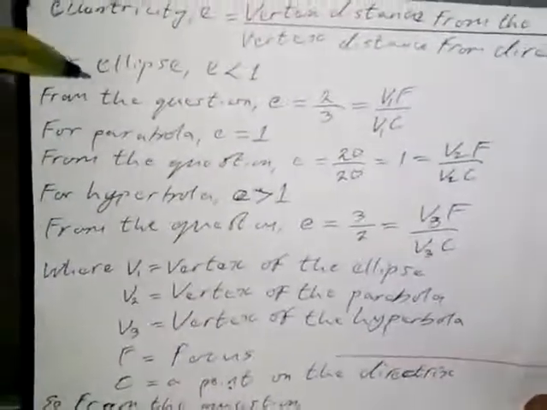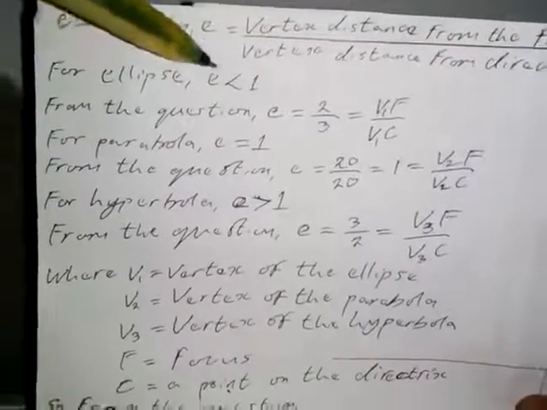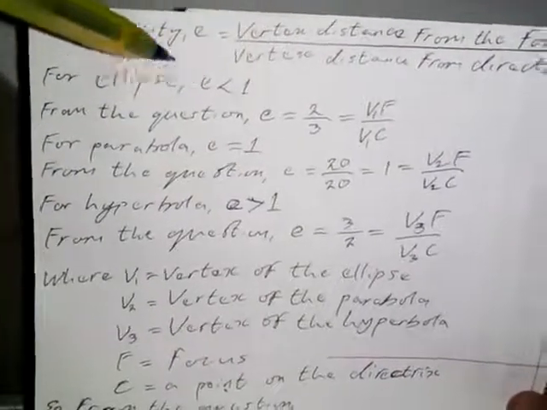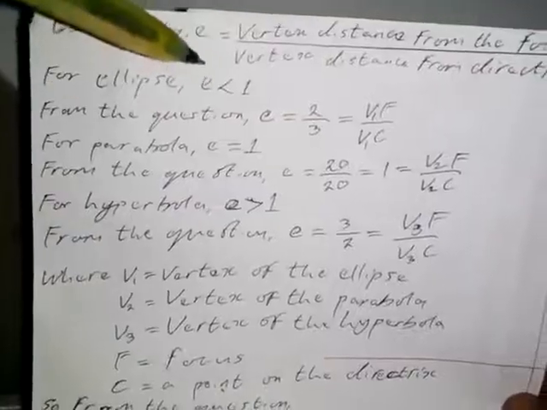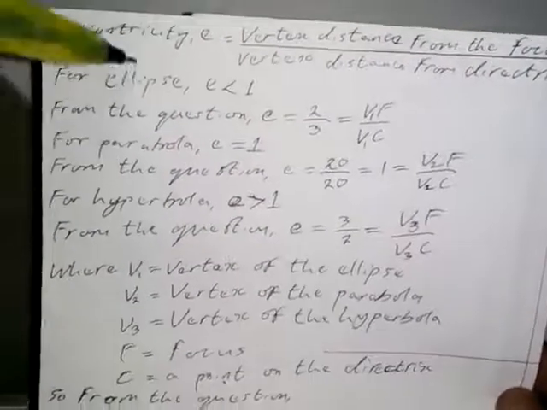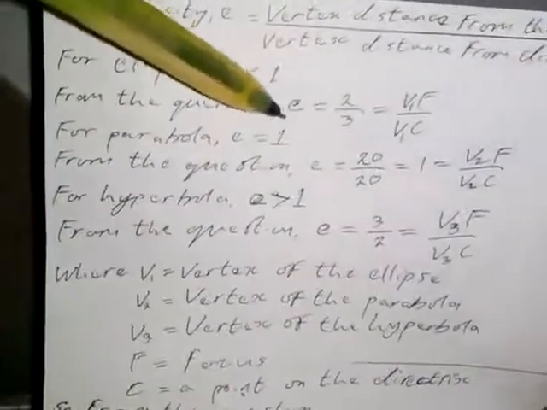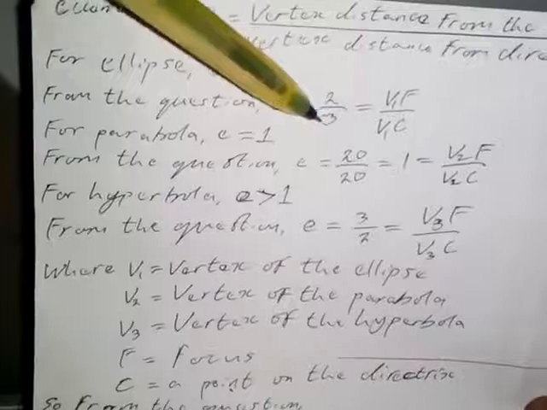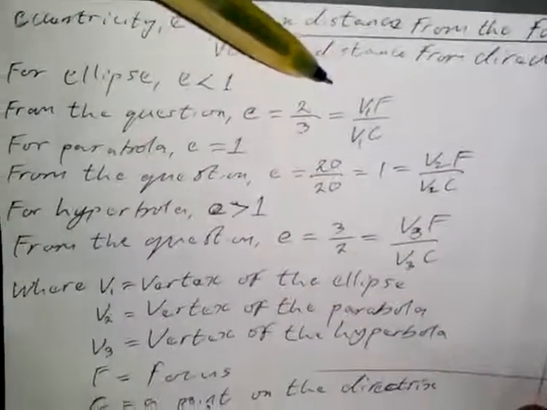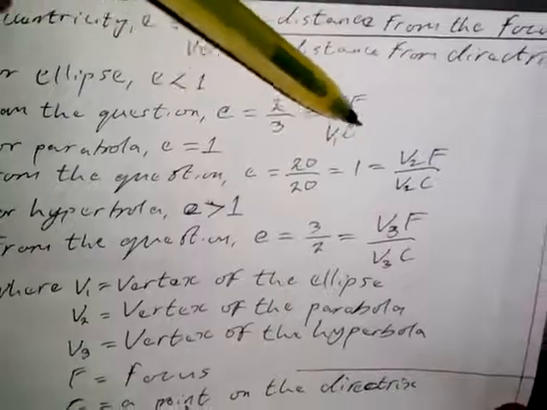Now, the next thing I want to explain is that for an ellipse, its eccentricity is less than 1. As you can see in the question, the eccentricity of the ellipse given to us is 2/3, which is less than 1. So from the question, eccentricity is 2/3 for the ellipse, and I'm representing that with V1F over V1C.